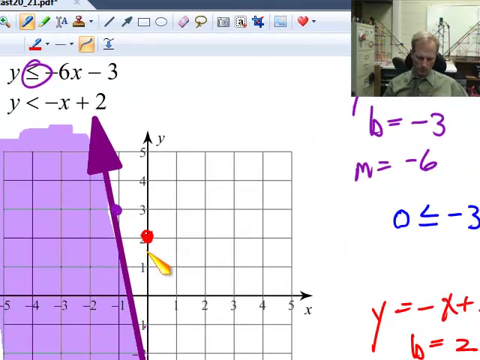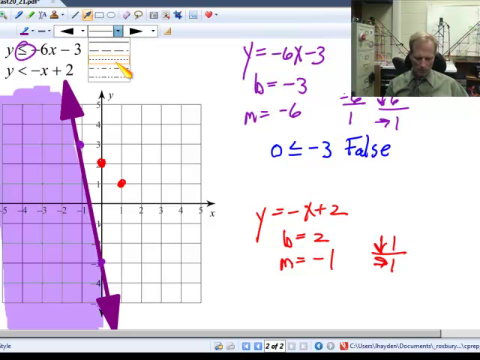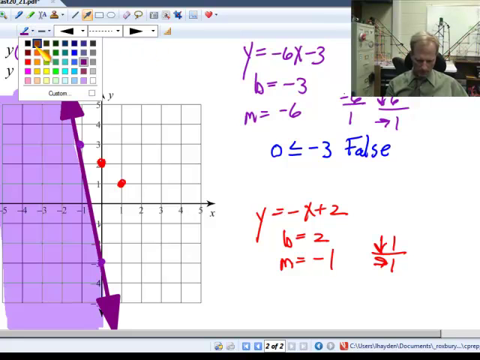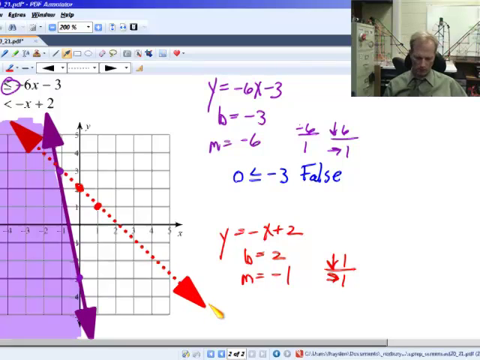So down 1 to the right 1, and then I'm going to connect the dots. This time it's a dotted line because I have less than, not less than or equal to. So let me connect the dots, and I'm going to get something that looks like that.